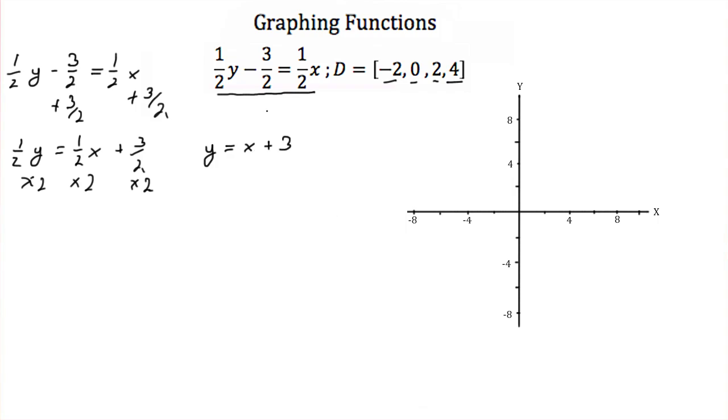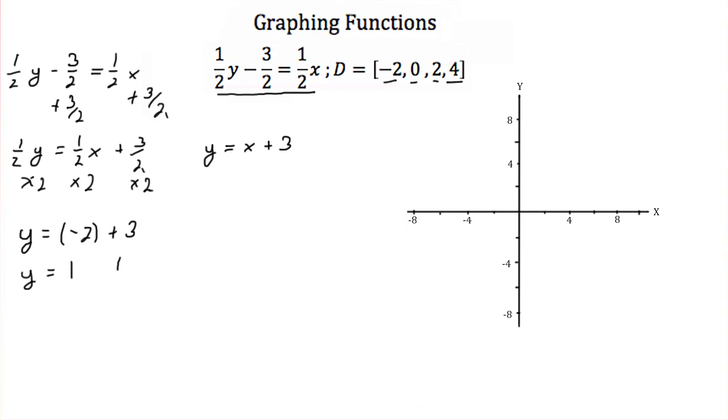So now that we have our simplified equation, let's plug in our domain points for x and solve for y. So we'll start with the first one, negative 2. Y is equal to negative 2 goes in for x plus 3. So y is equal to 1.